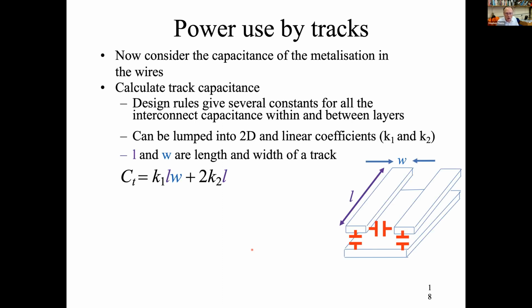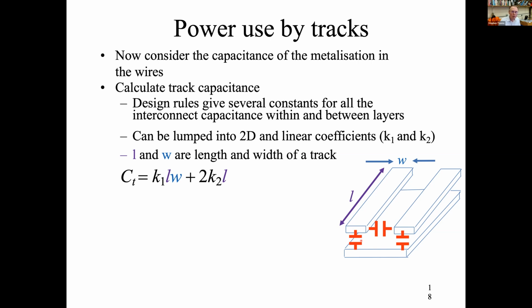So let's draw some of these wires. So you've got two lengths of wire here, one there and one there. What you'll see is that you've got two types of capacitance. You've got a capacitance within the plane between this wire and this wire. And you've also got a capacitance between planes here.